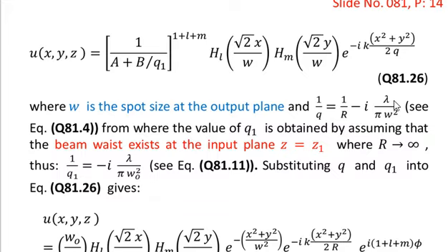See equation number 4 for this one, from where the value of q1 is obtained, by assuming that the beam waist exists at the input plane z is equal to z1 where R goes to infinity.